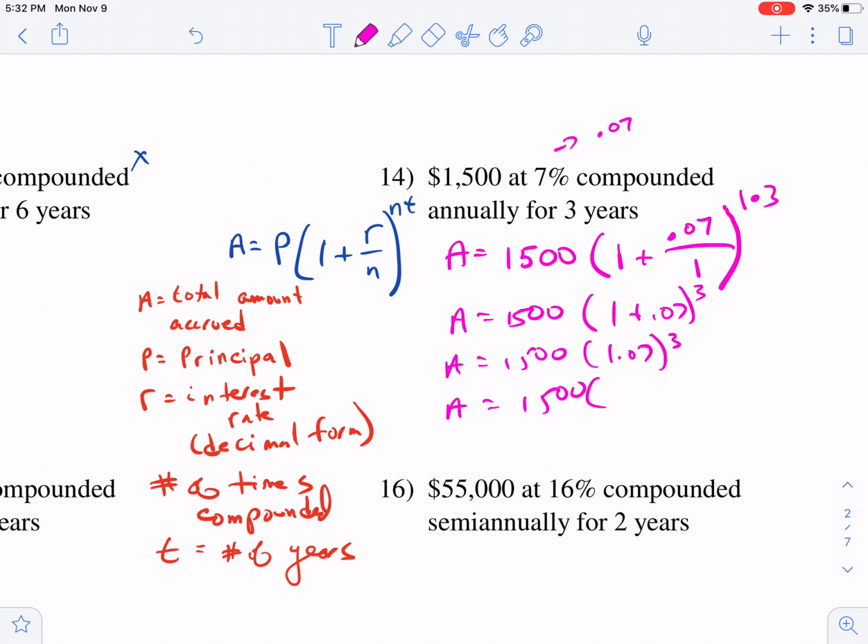Well, I could just do 1.07 times 1.07 times 1.07, or I can go to my calculator, my phone, turn it to its side, write 1.07, and then there's this little button that says x to the y power. It's right under the m plus sign. I'll hit that, and hit the number 3, because this means to the third power. And I get 1.225043.